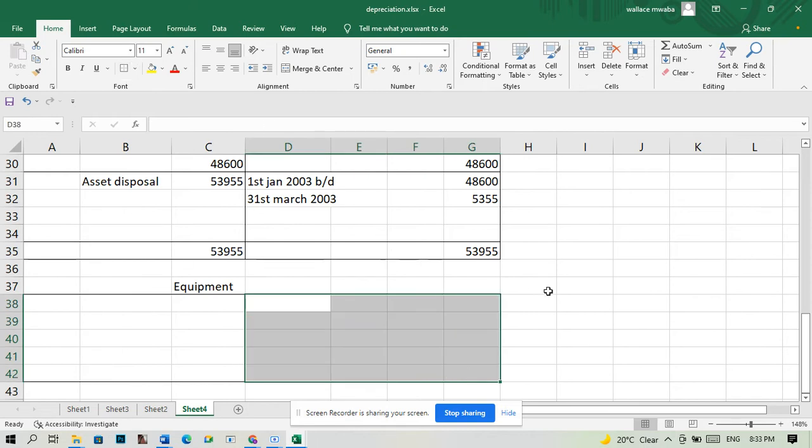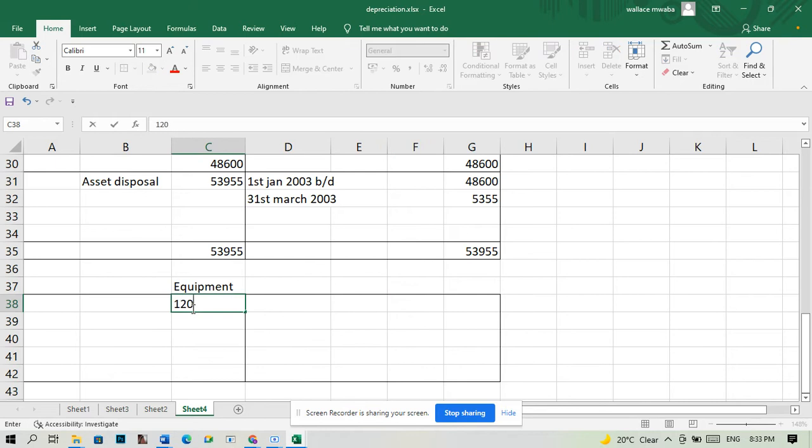All right, the account for equipment. Okay, so the machine was bought for 120,000 on the 1st April, 120,000, right? So now we're going to credit the equipment account and debit the asset disposal account.